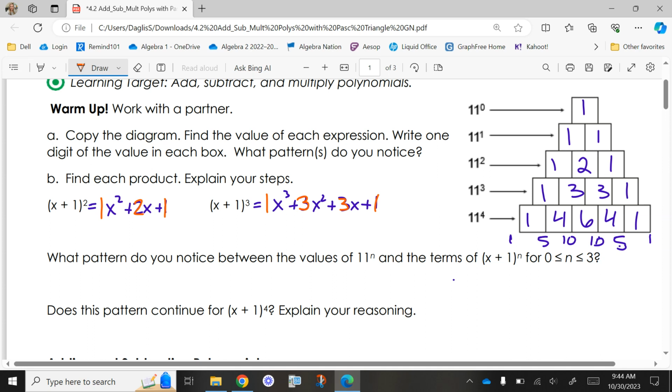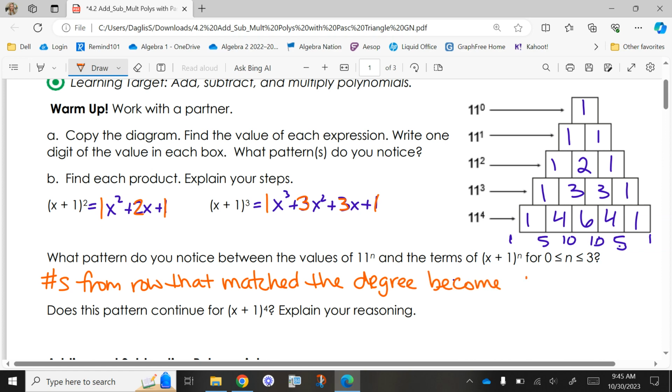Yeah, so the numbers from the row that matches the degree become the coefficients. So the degree of a function equals the row in Pascal's triangle.